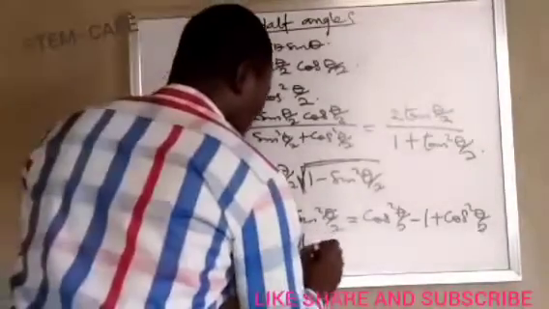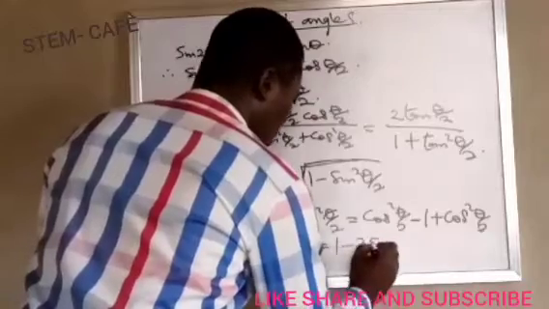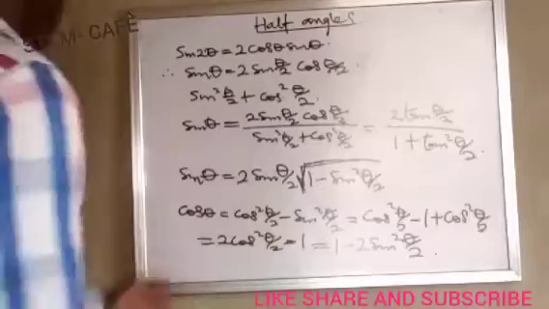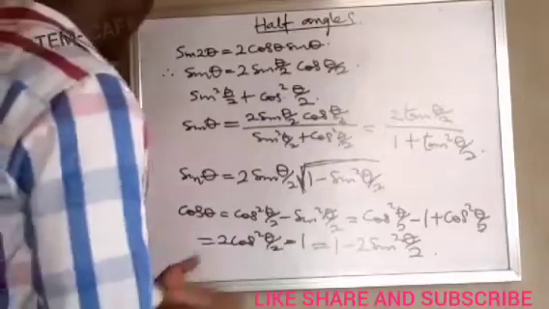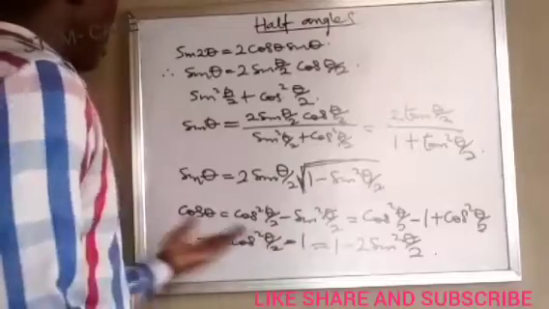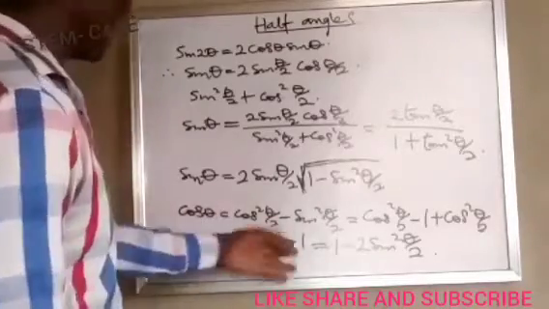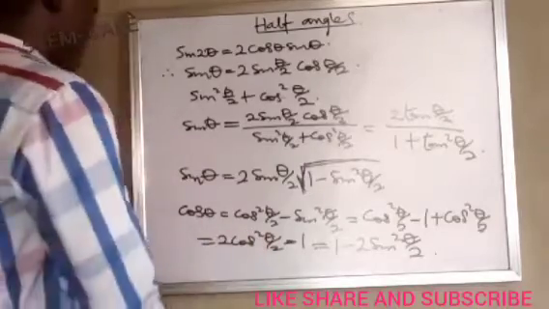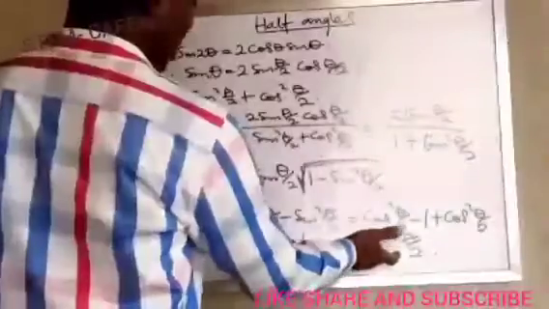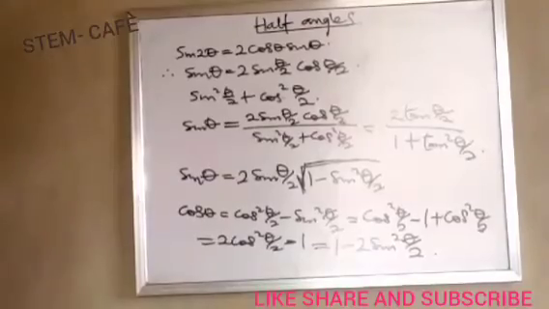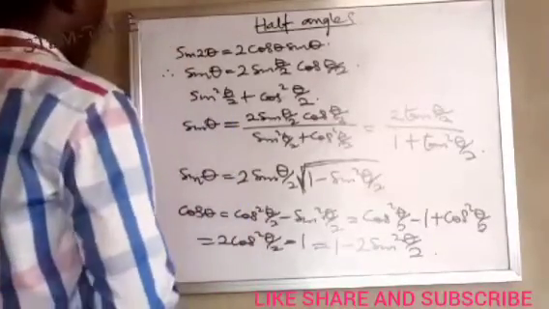And it can also be 1 minus 2 sin square theta over 2. So from here, if I have cos theta, I can easily find cos theta over 2 and sin theta over 2 by solving this algebraically. Cos theta plus 1, over 2, will give me cos square theta over 2, so I find the square root. For this one, I just subtract cos theta from 1 and divide by 2. It gives me sin square theta over 2, and then I take the square root.